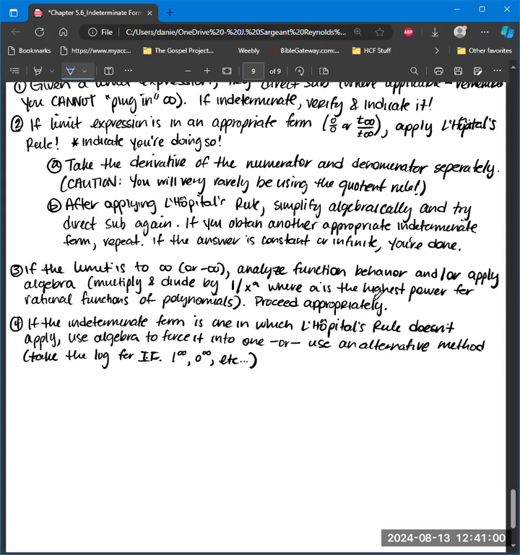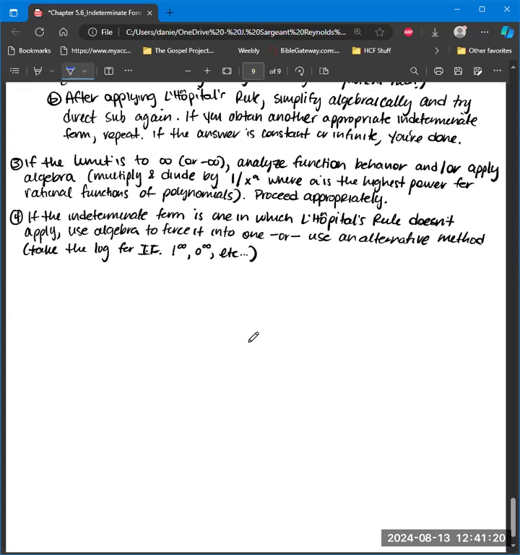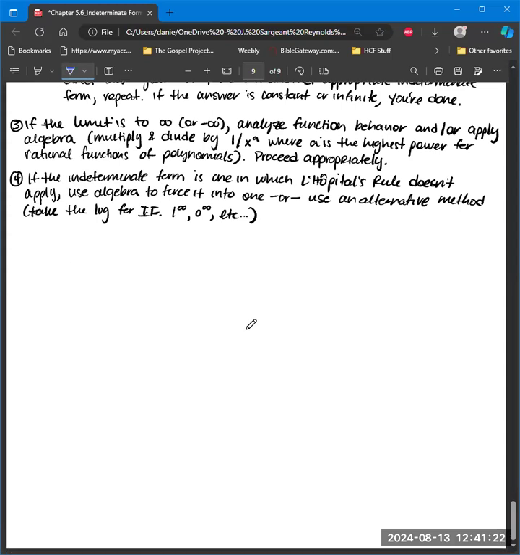This is our technique from way back in the beginning of Calculus 1, because otherwise you're just going to be doing L'Hopital's rule so many times based off of the power of n. It's the highest power that you just want to get rid of, all those x to the n's if you can. Using your Calculus 1 techniques, you don't need to use L'Hopital's rule when you're dealing with rational functions like that, or when you can help get rid of the polynomial part and just look at the other part and see what it's doing.